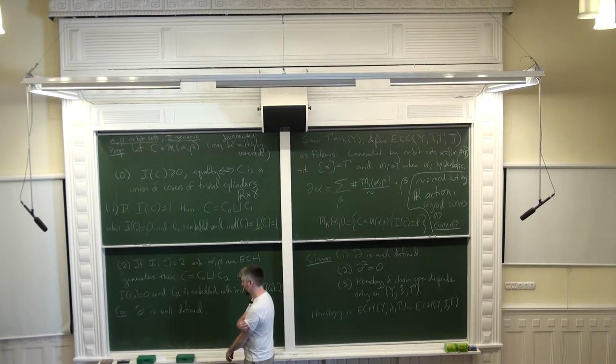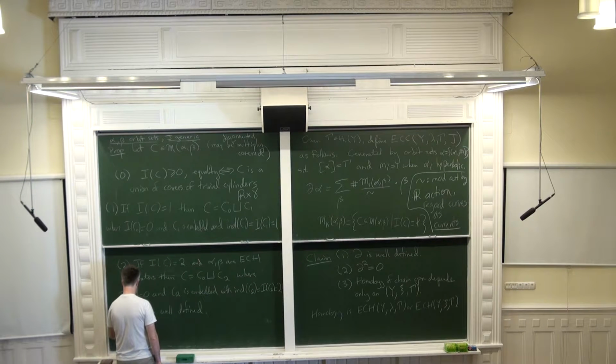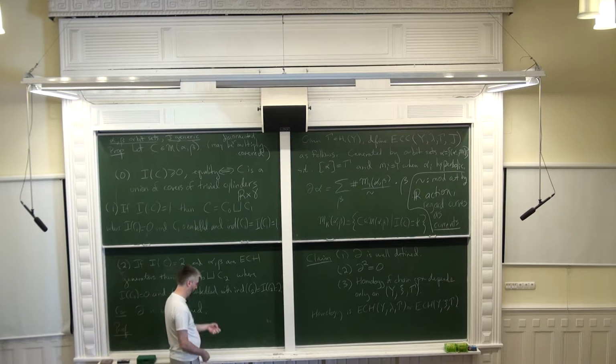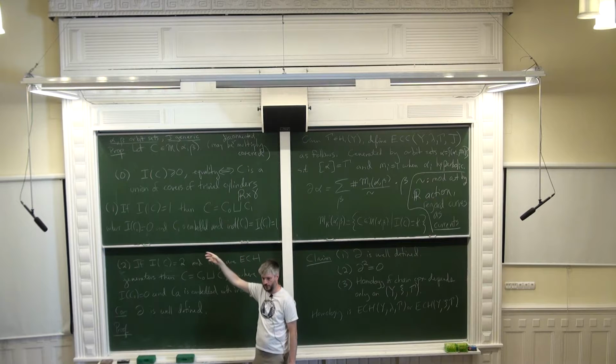So what's the proof? Or this is actually just some of the proof. Part 1 says that anything that we're counting in the differential is still an embedded ECH index 1 piece plus a trivial piece. And so these form a discrete set.